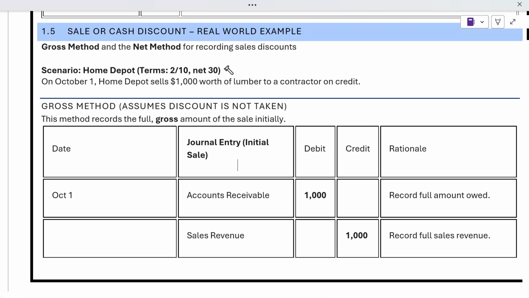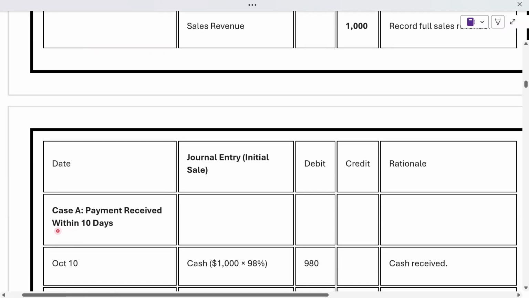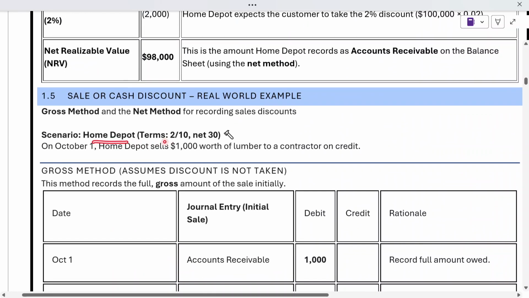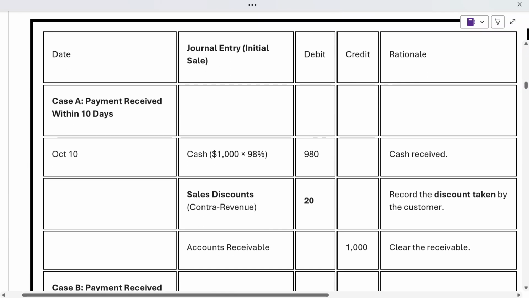But what happens is, let's see case one. The customer comes and pays within 10 days. The terms and conditions for Home Depot were 2/10, net 30, which means if the customer pays within 10 days, they will get a 2% discount. And the customer indeed came and paid within 10 days. So what will happen?